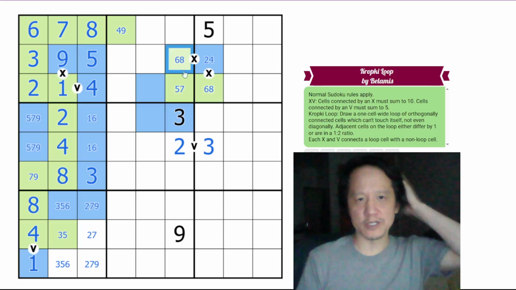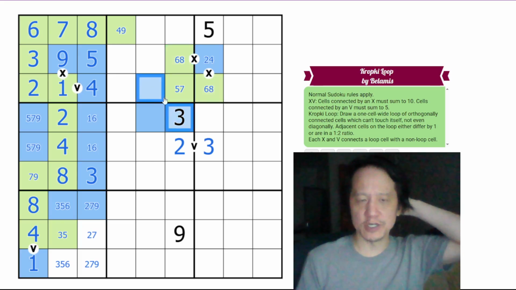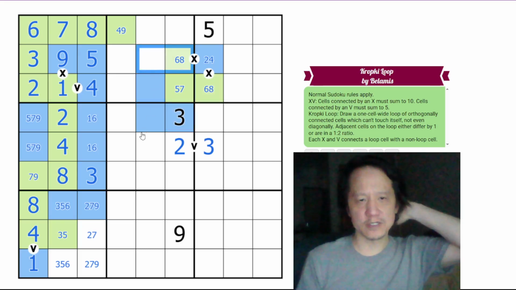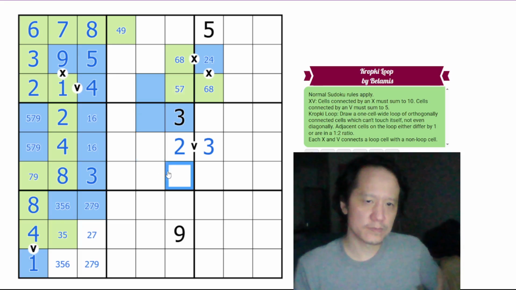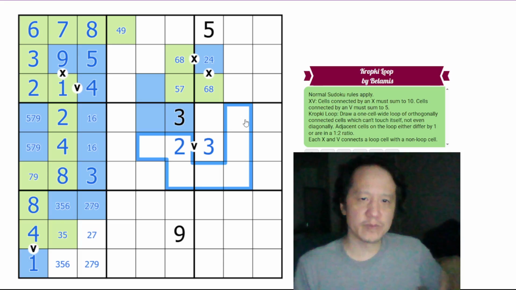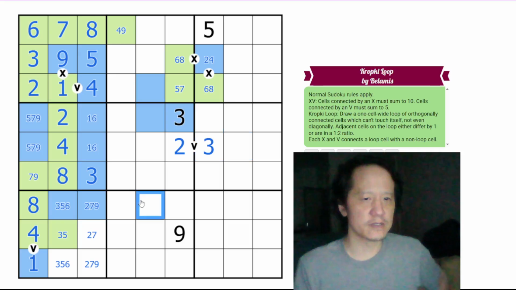This already shares an edge with 2, so it can't share an edge with any other. This could extend here. This would touch itself diagonally then, if that were the case. If it's this way, that's possible. It could enter that way. It could exit that way.